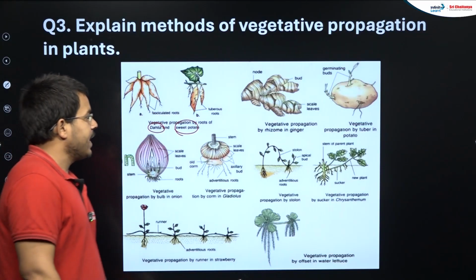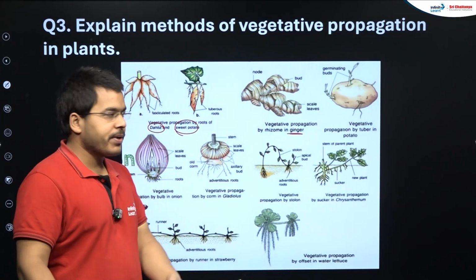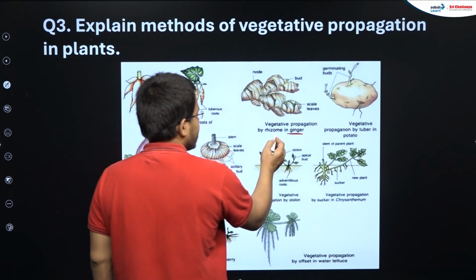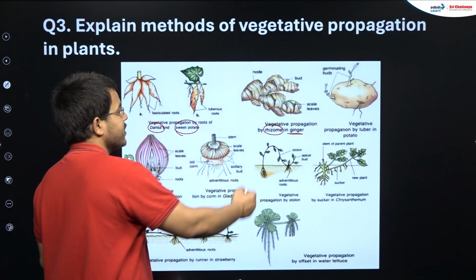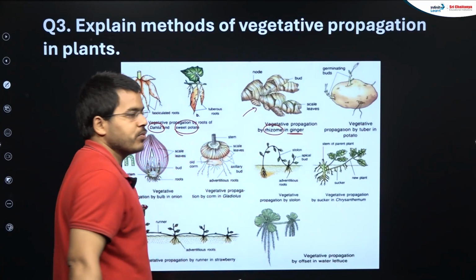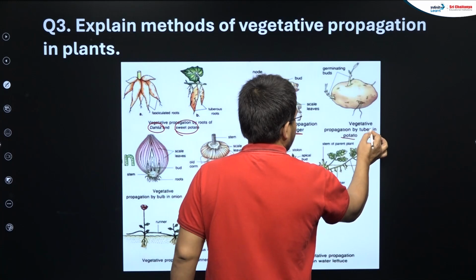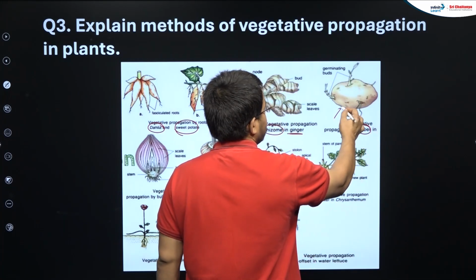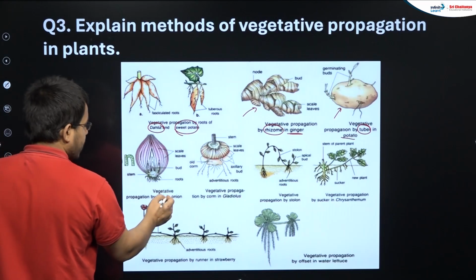After that, students, in ginger, similarly in turmeric, there is a structure known as a rhizome that will give rise to the new plant. Here you can see, this ginger is a rhizome through which a new plant is arising. Similarly, we have potato. In potato we have a tuber. This is the potato tuber through which a new plant is arising. Then in onion and garlic we have a bulb.